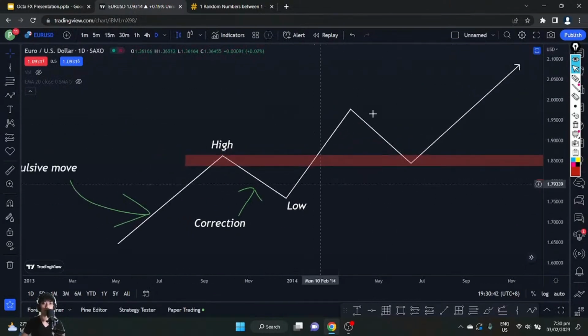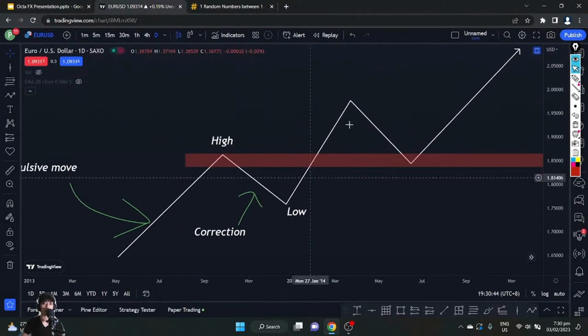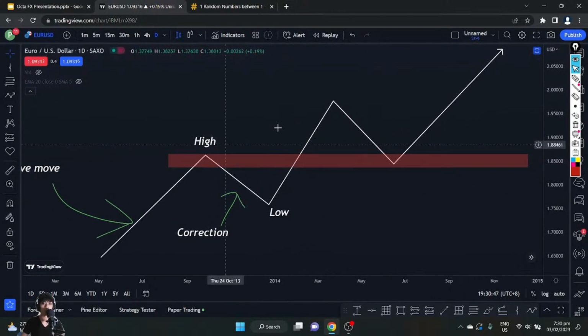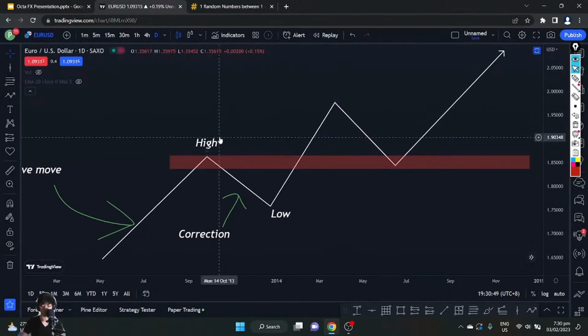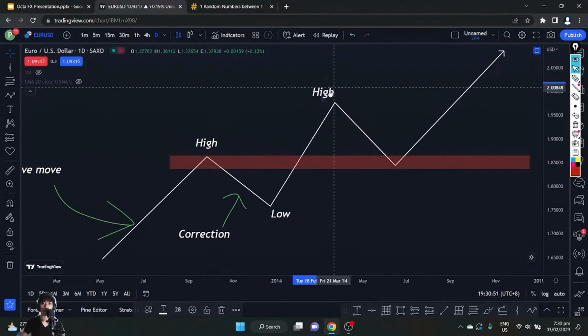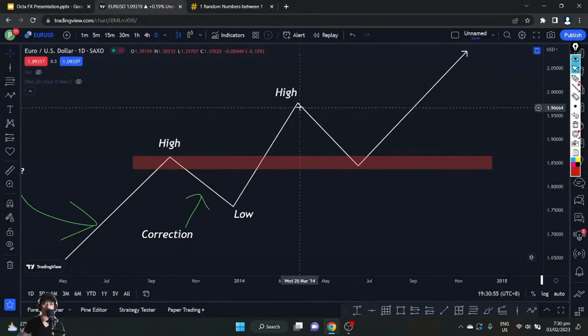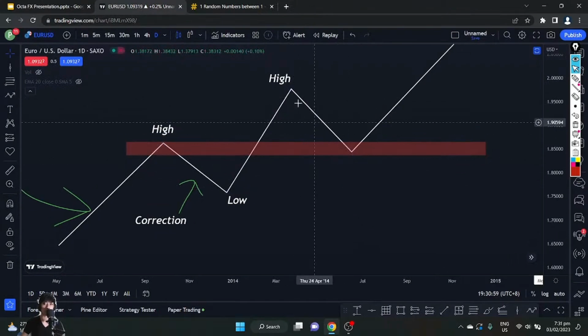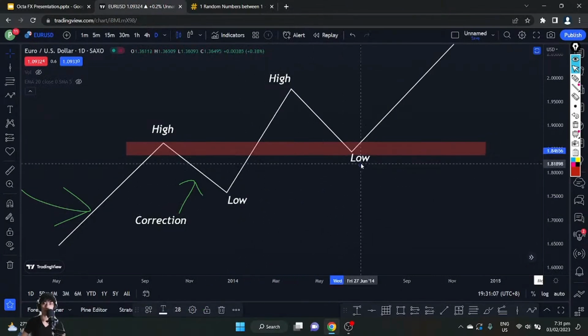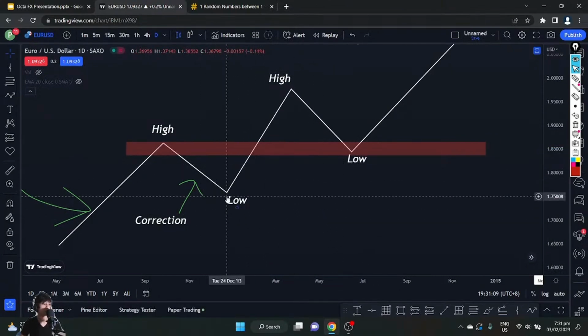Okay? So whenever the price created the third move or the 3 move, we can see that this high is being higher than this previous high. And once the price created its next correction or its next pullback, we can see that this next low is higher than this previous low.